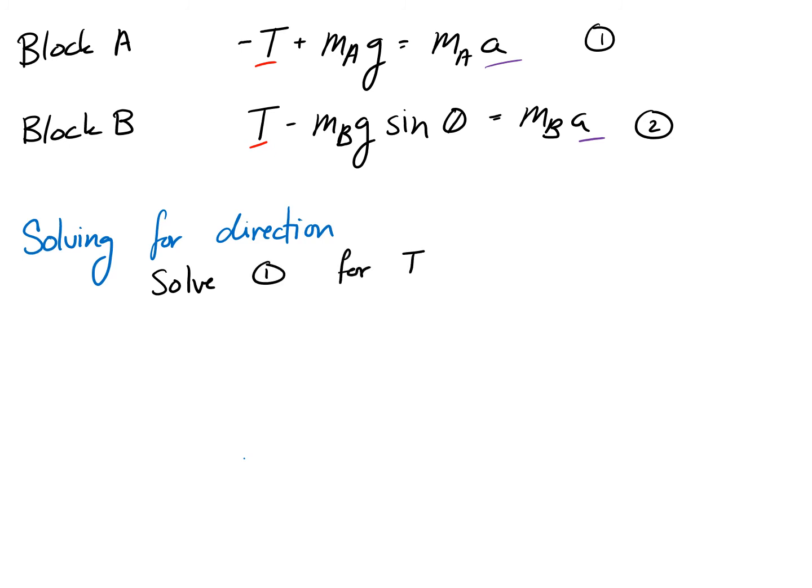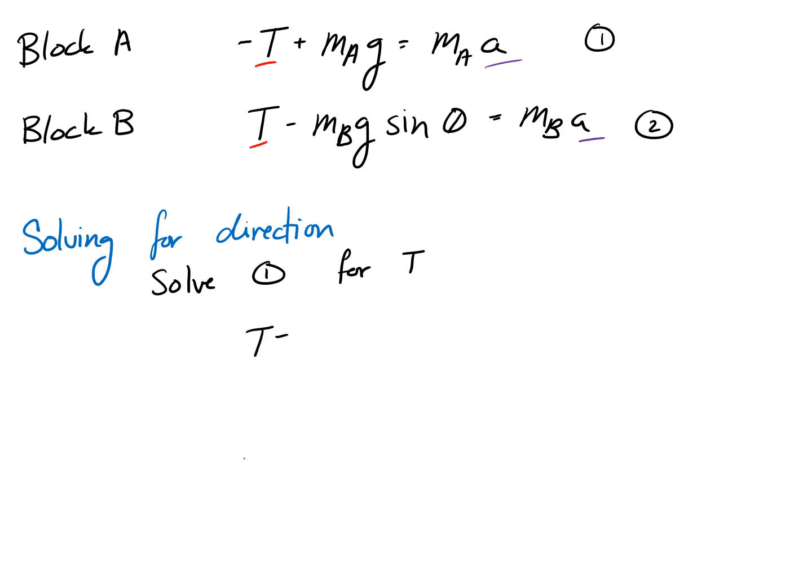Because once I solve 1 for tension, I can plug it into equation 2, and I'm only going to have one unknown, acceleration. And once I have one unknown, everything else I actually have values for, I can solve and be done.